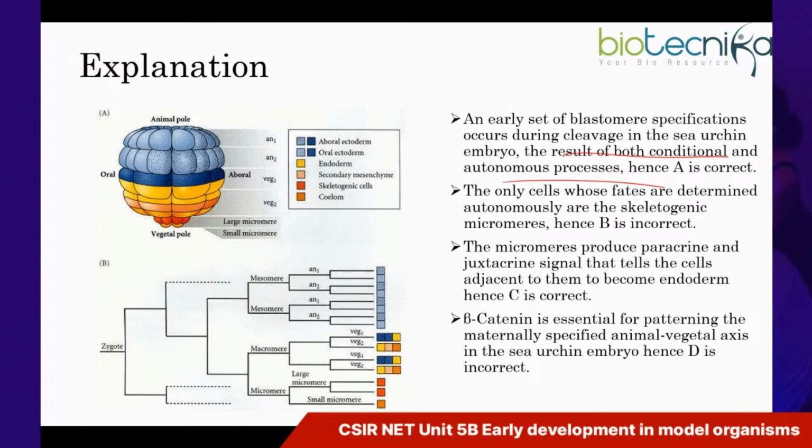Only those cells whose fates are autonomous are the skeletogenic micromeres. The rest of the cells are conditionally specified. Micromeres produce both paracrine and juxtacrine signals for them to become endoderm. And beta-catenin is essential for patterning the maternally specified animal-vegetal axis in the sea urchin embryo. Since D is saying it's not, it's incorrect.